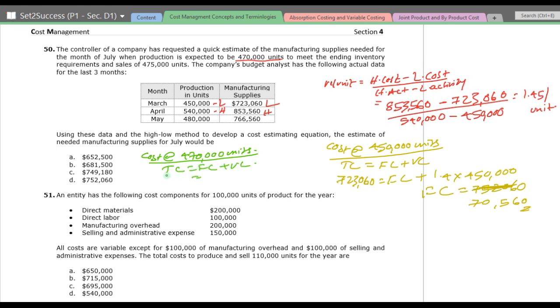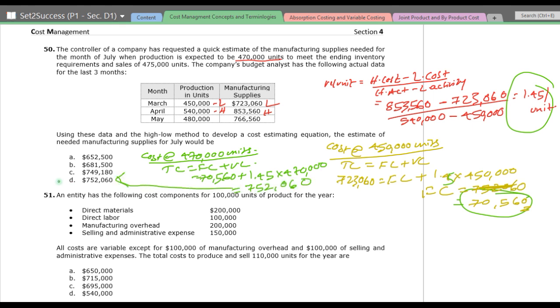The fixed cost is 70,560, and the variable cost is 1.45, this is the variable cost per unit. So it is 1.45 into 470,000, which gives you a total cost of 752,060, and which is option B. Next.